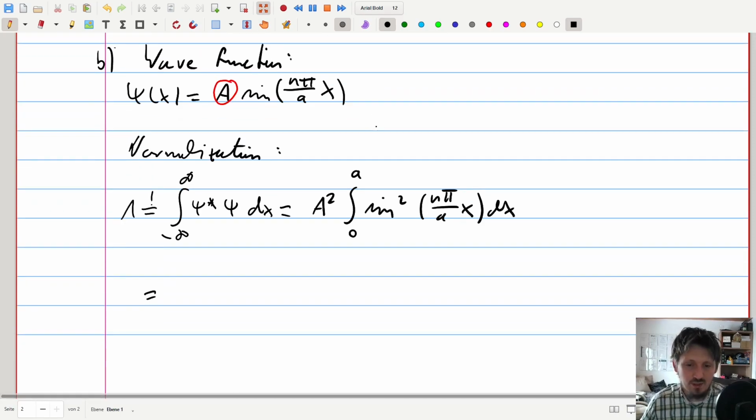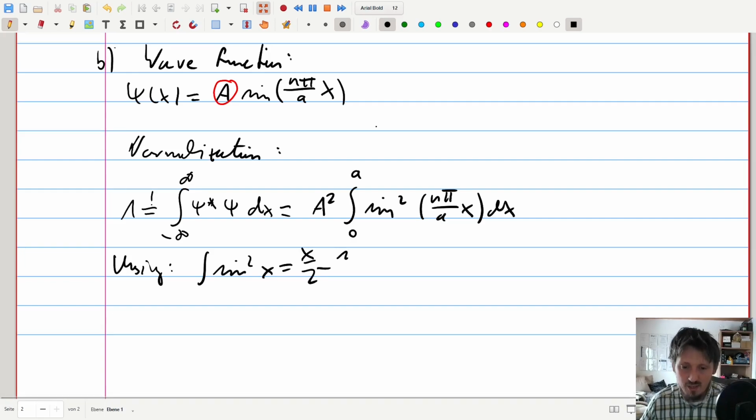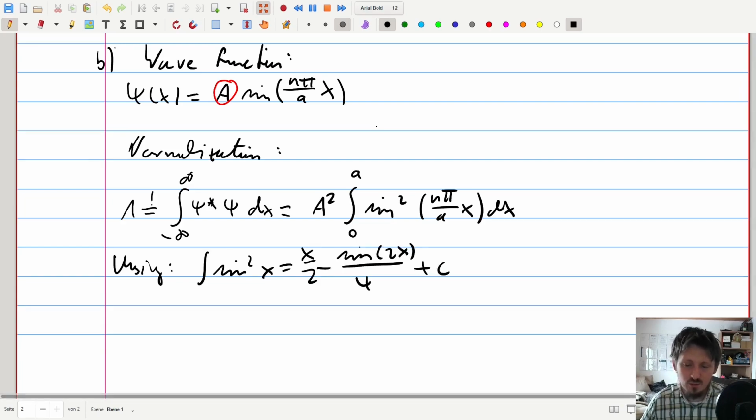I have done this already, so you can just look up the integral of sine square x in a database, or you can also use a computer algebra system to do that, or you can do it yourself with partial integration. But I will tell you now what comes out. So what we can use here is the relation integral sine square x equals x half minus sine 2x divided by 4 plus an integration constant c.